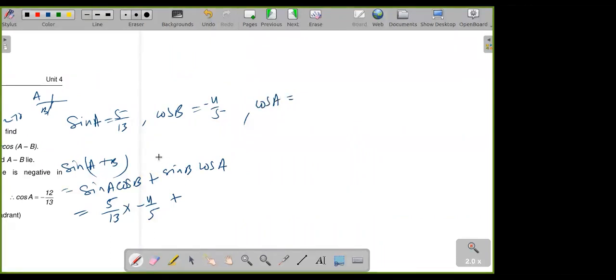Only 10 minutes more. I think this will be the last sum. Sine A is 5 by 13, so cos A will be root over 1 minus 5 by 13 whole square, but again with plus minus; later we will decide positive or negative. This will come out as 1 minus 25 by 169, which is 12 by 13, right?